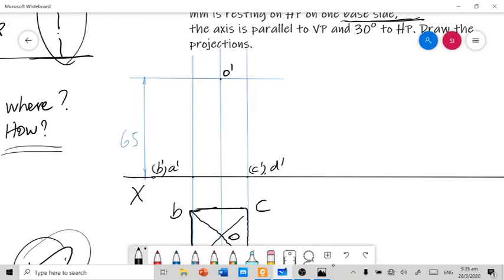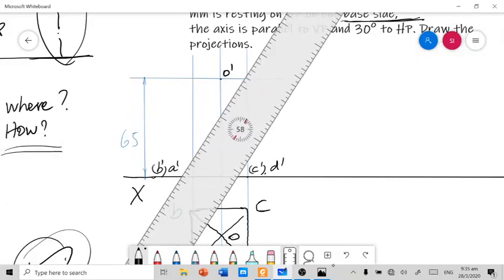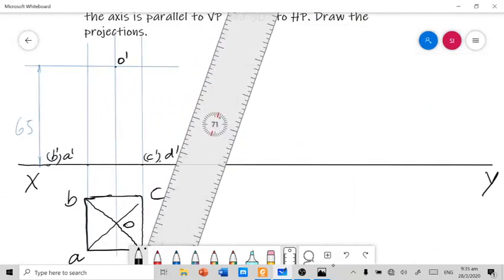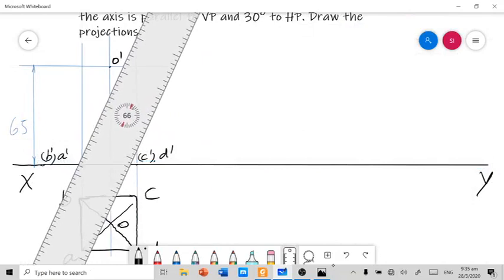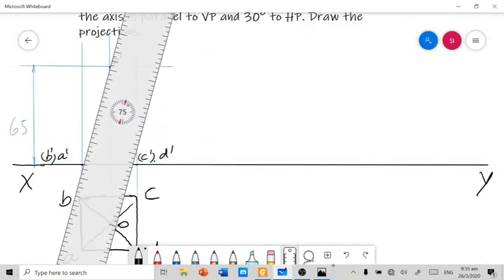This is nothing but O dash, and you need to join the base corners and the apex point.